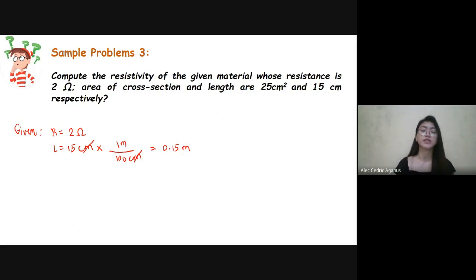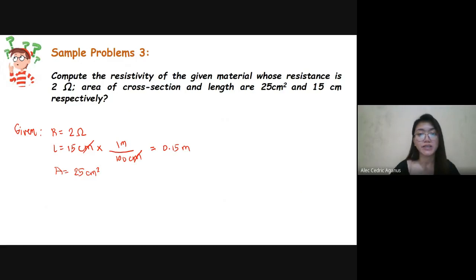Next we have the area. Area is 25 squared centimeters. Since 100 centimeters is equal to 1 meter and the centimeter in the area is squared, we have 100 times 100.